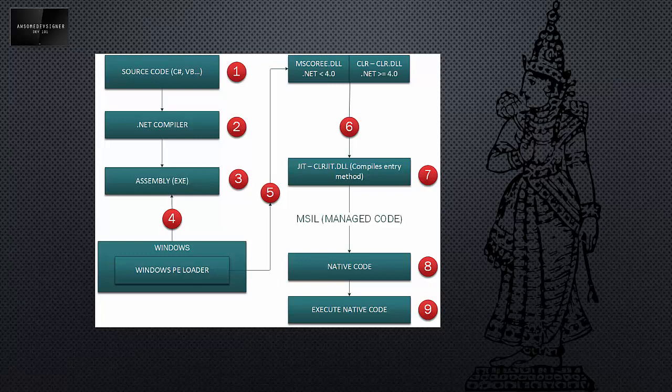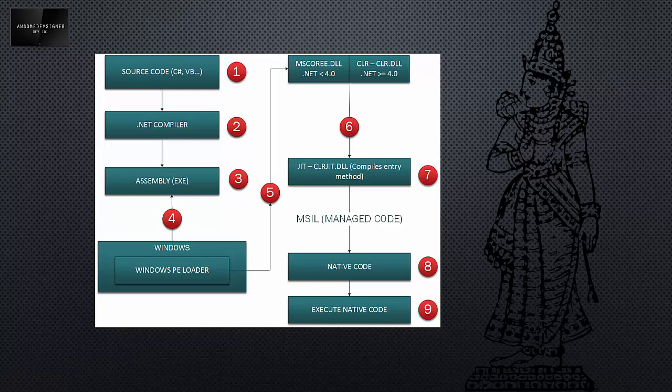So in the fourth step, the Windows PE (Portable Executable) loader checks the exe file for a specific entry method that tells the loader what to do when a .NET exe assembly is found, double-clicked, or started using the console. This method is called _CorExeMain if we have an exe file, and _CorDllMain if we have a DLL assembly file.